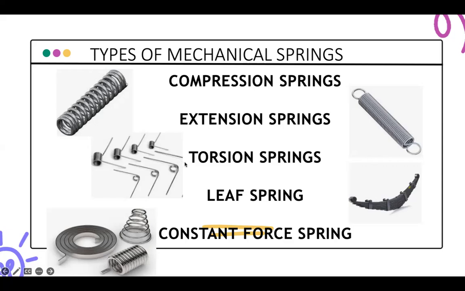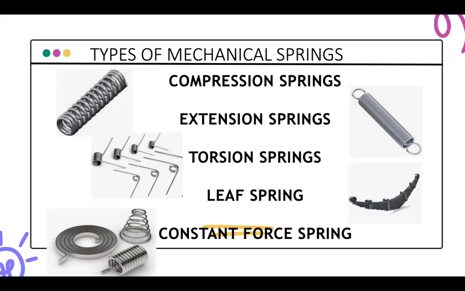The other type of mechanical springs are torsion springs. Torsion springs twist under load. They are commonly used in clocks, and also mouse traps and hinges. The other one is the leaf spring. The leaf spring is usually made of flat, arc-shaped metal sheet layers.